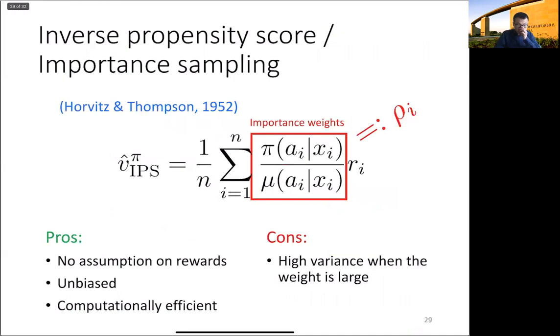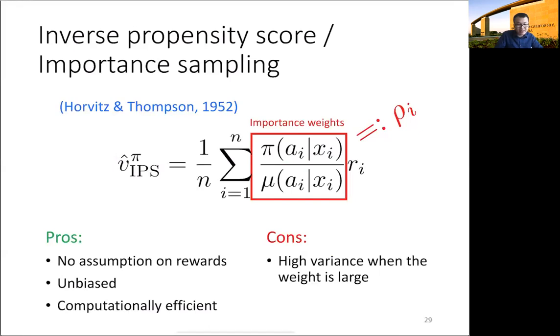Another idea, which is the last thing I'm going to talk about, is importance sampling. So the idea is to use a change of measure. What you can do is simply do empirical averaging of the observed reward, but instead of using a weight of 1, you divide by the probability that this action A_i is taken and multiply by the probability that the target policy would have chosen this action.